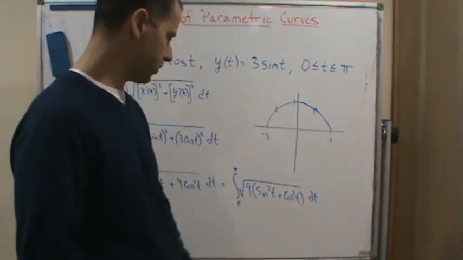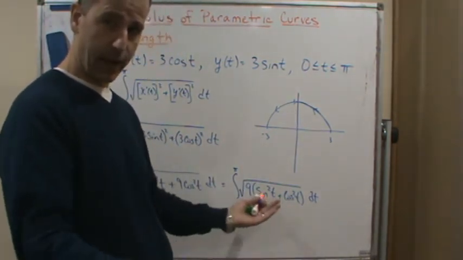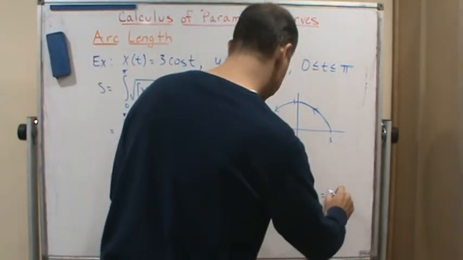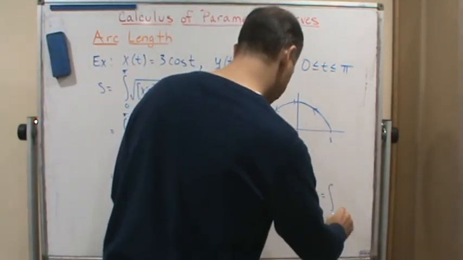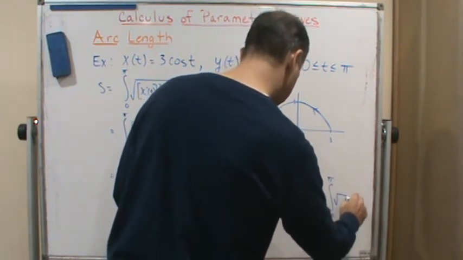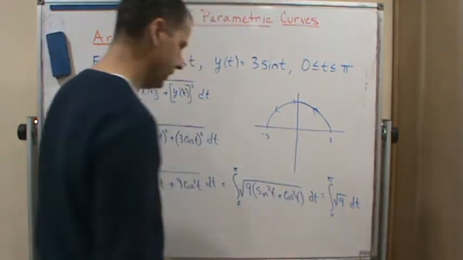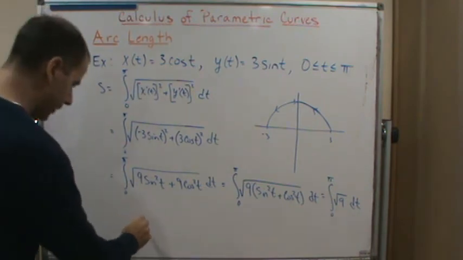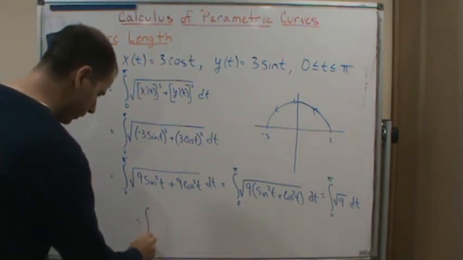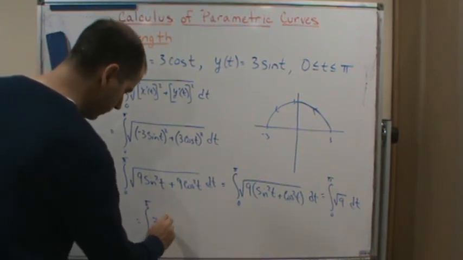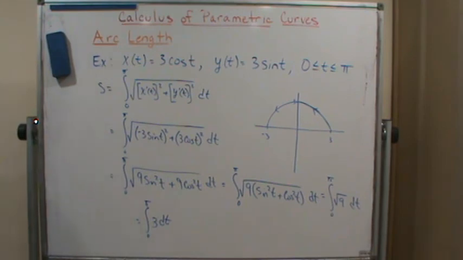Sine squared t plus cosine squared t, that's the Pythagorean identity, that's 1, which means that our integral now becomes the integral from 0 to pi of the square root of 9 dt. Well, okay, so now what do we get? We get the integral from 0 to pi of 3 dt.